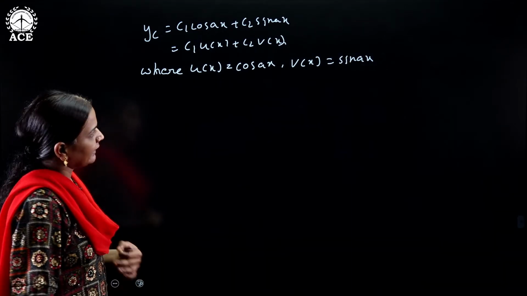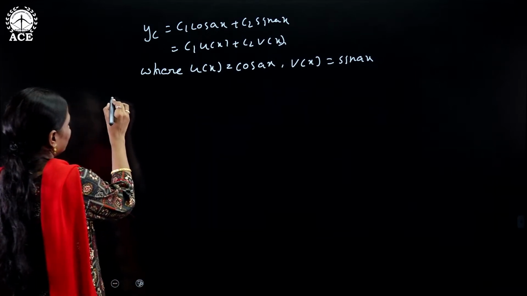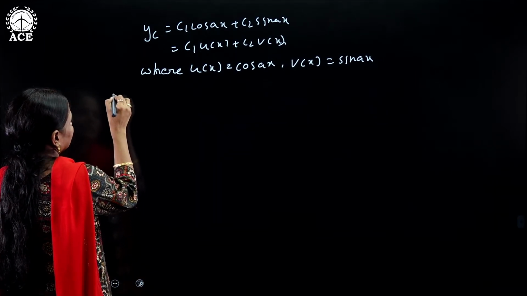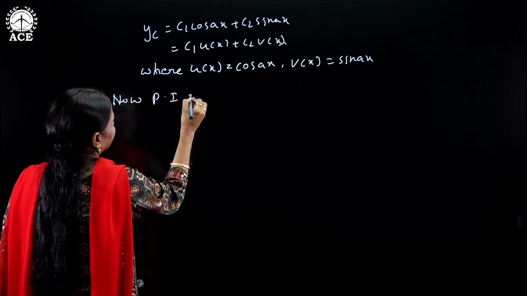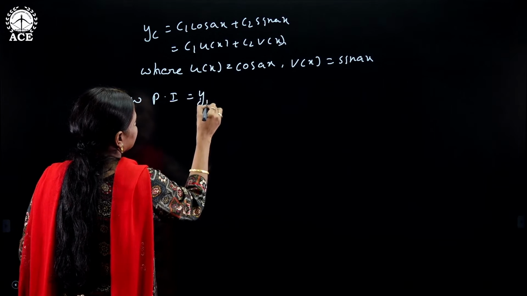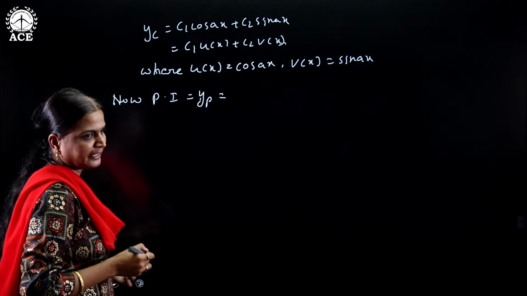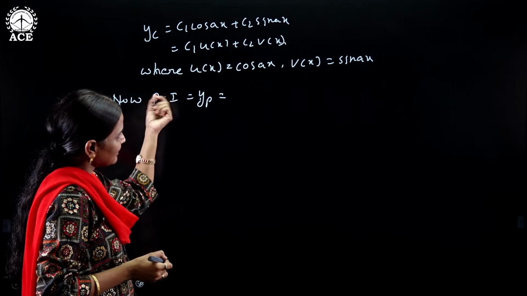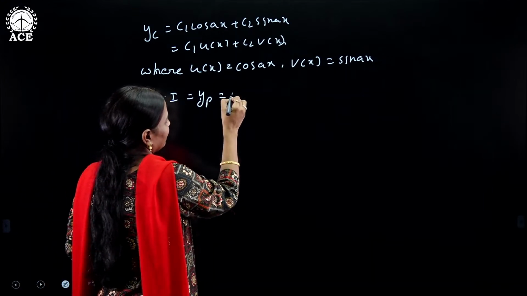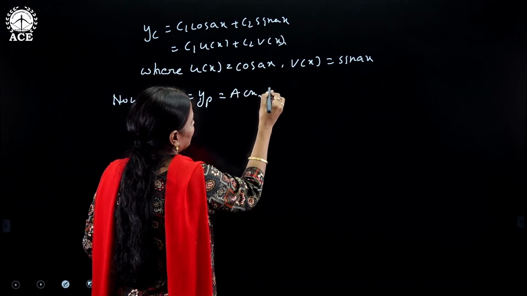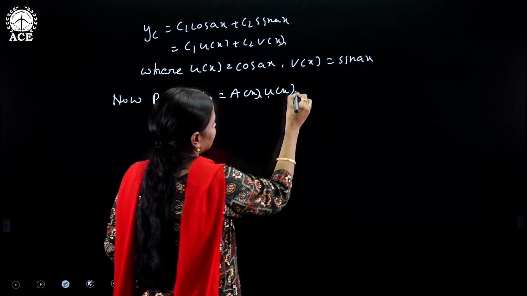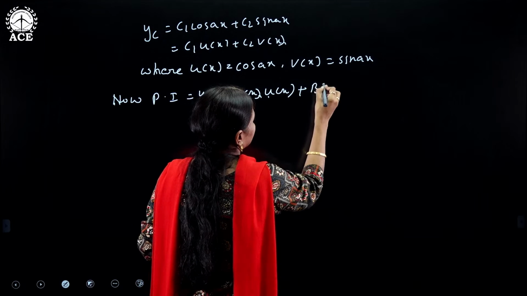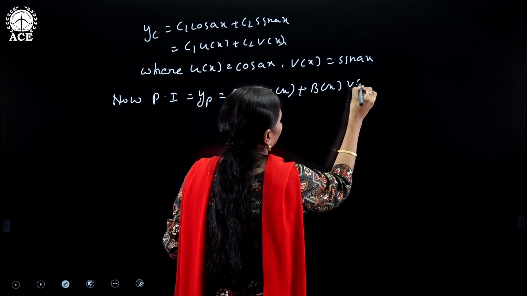Next, write the particular integral. Yp is equal to A of x into u of x plus B of x into v of x.